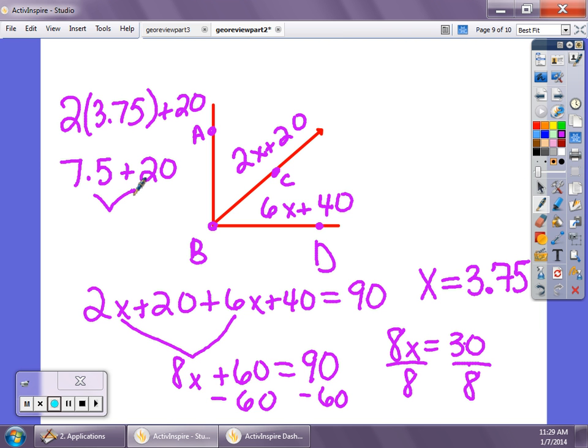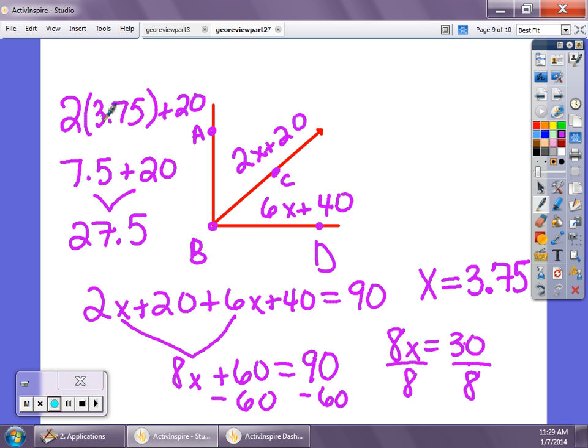But it's 3.75. Okay, 27.5. You can't just do 2 times 3. You have to do it times the 3.75. Okay, so if I had $3.75 and you gave me another $3.75, 3 and 3 is 6. 75 cents and 75 cents is another $1.50. Okay, is everyone good? One problem to go. We good?